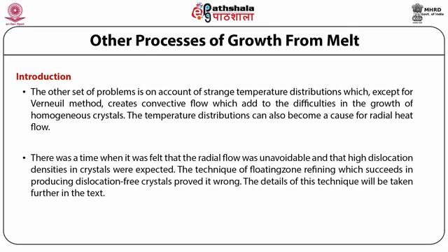There was a time when it was felt that the radial flow was unavoidable and that high dislocation densities in crystals were expected. The technique of floating zone refining, which succeeds in producing dislocation-free crystals, proved it wrong. The details of this technique are now discussed further.